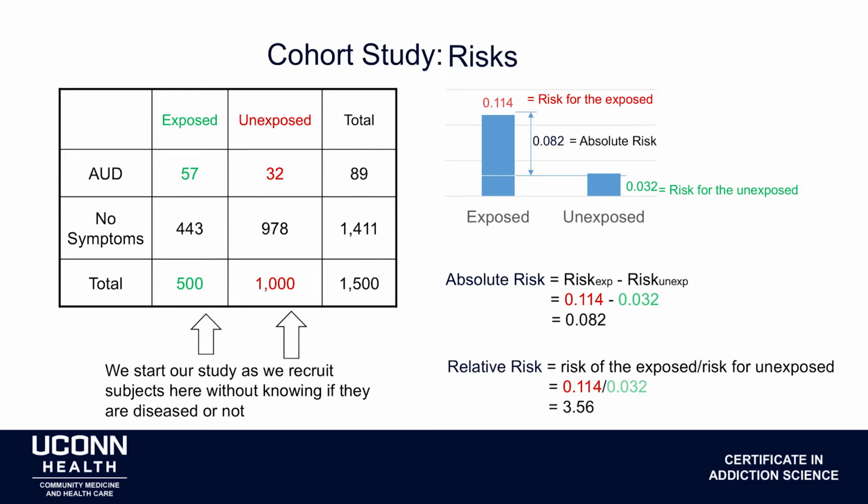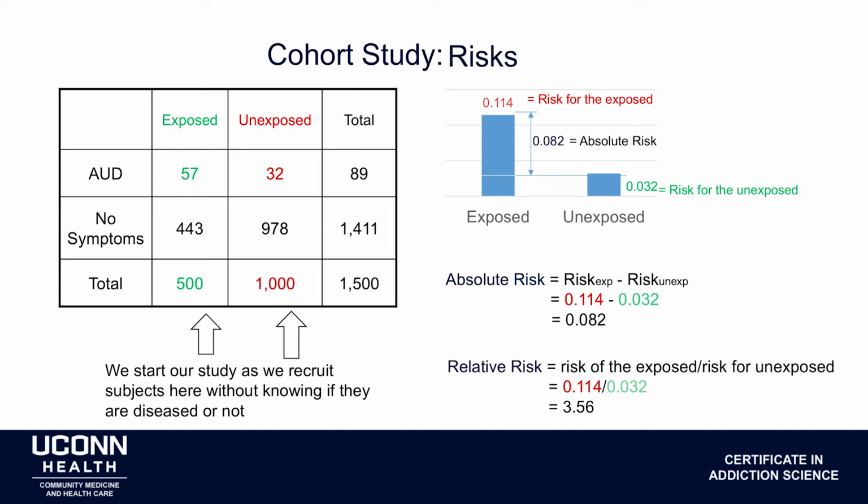This figure on the right tries to illustrate the risk of the exposed at 0.114. Looking at it this way, the absolute risk is the risk of exposed minus the risk of unexposed. So the difference between those two groups is 0.082, the top portion of that bar.